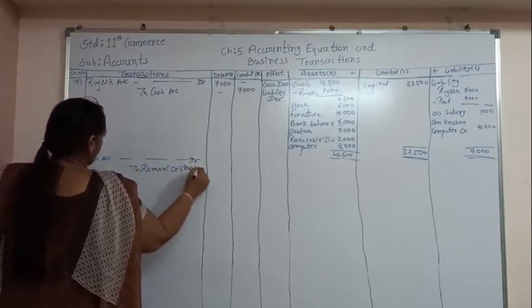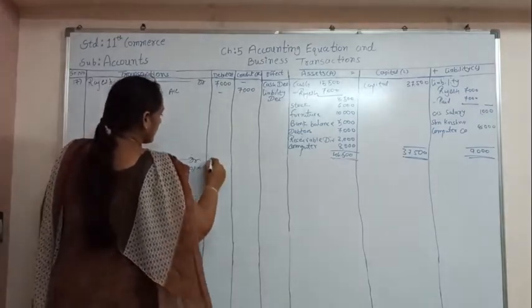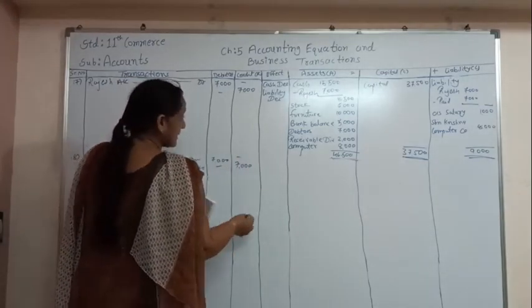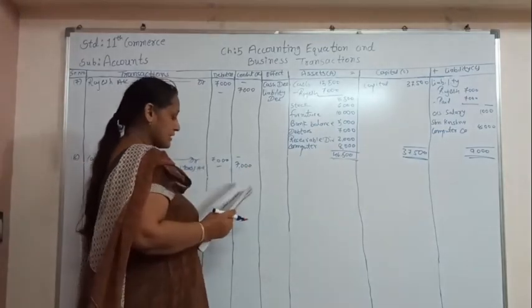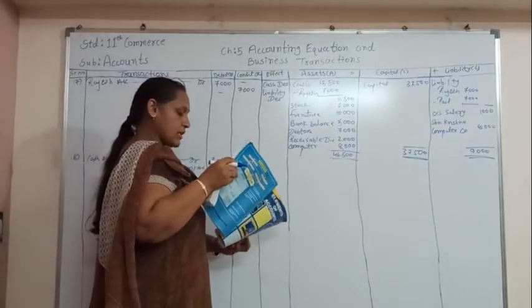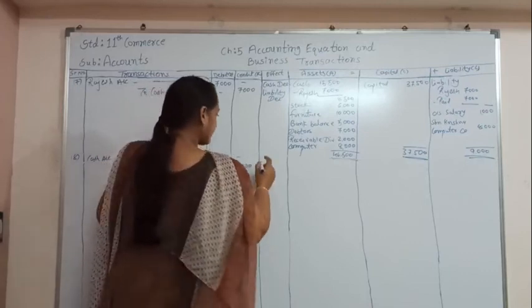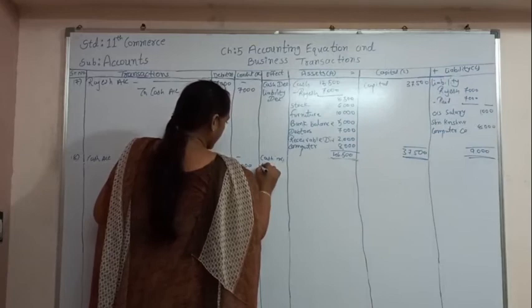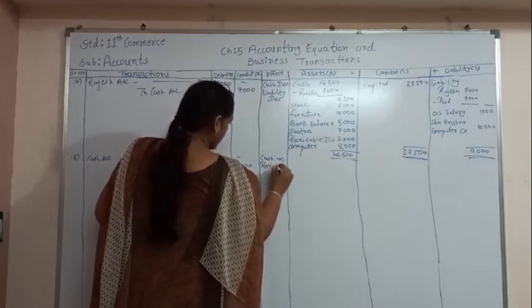So debtors account. Here we are going to get the 7,000 rupees, and because of that cash is going to be increased, and debtors, that means the receivable, is going to be decreased. So here cash increases and receivable decreases.